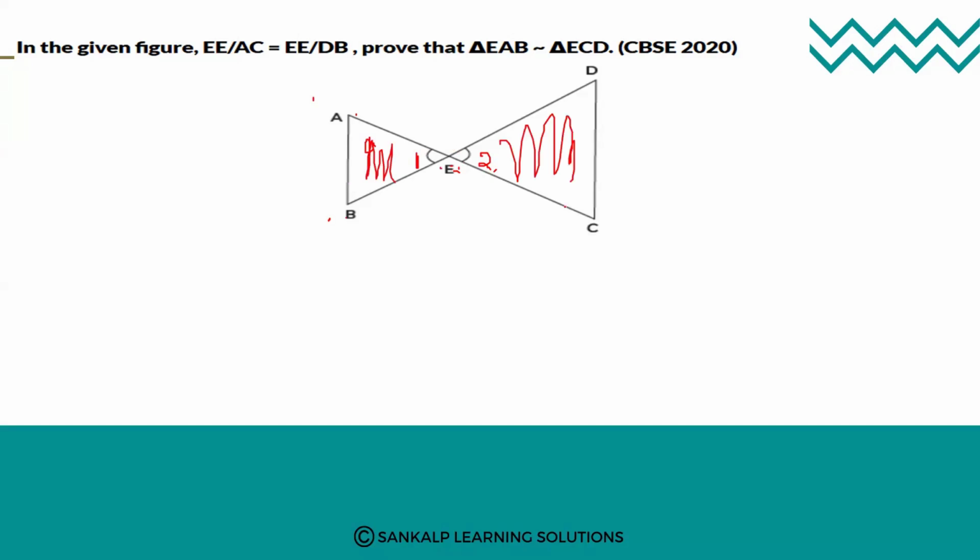Therefore, in triangle EAB and triangle ECD, EA divided by EC and EB divided by ED. So these are corresponding sides. EA divided by EC is equal to EB divided by ED.